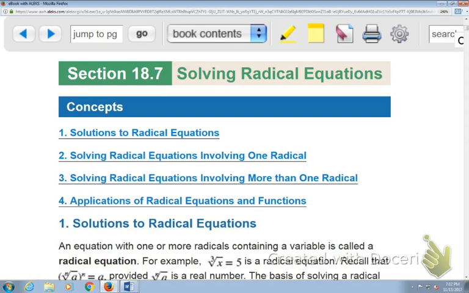But we are going to do equations, all right, radical equations. Now, to do this, I want to actually start with some split screen action here.